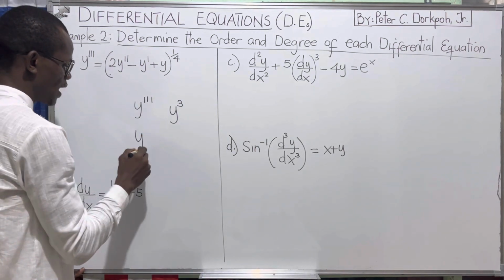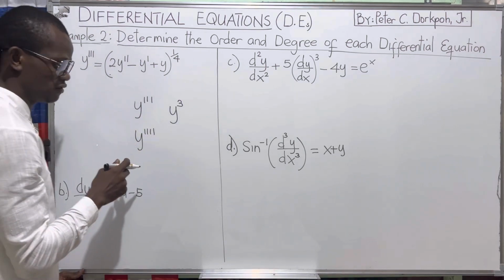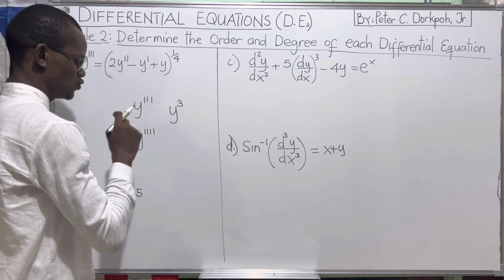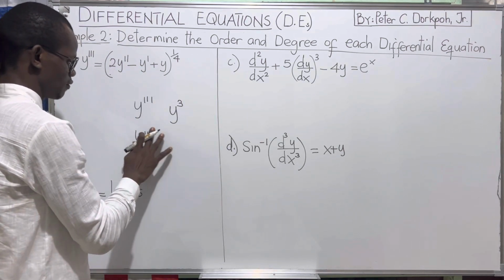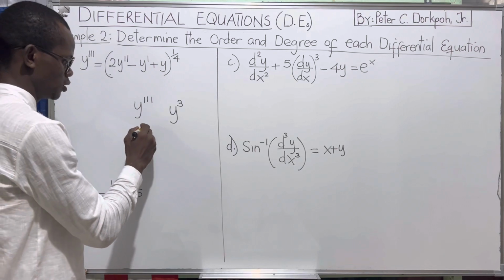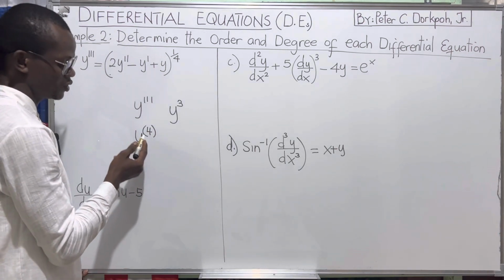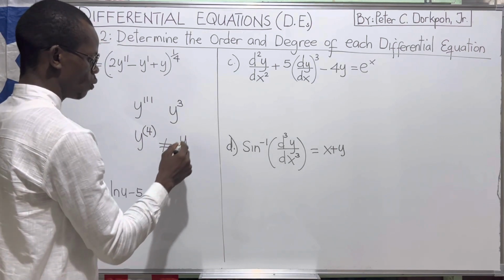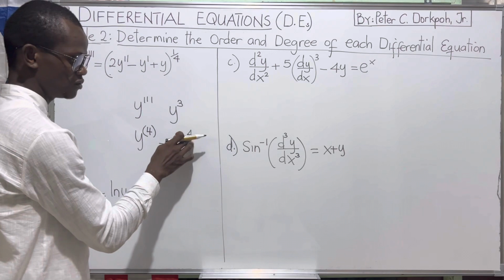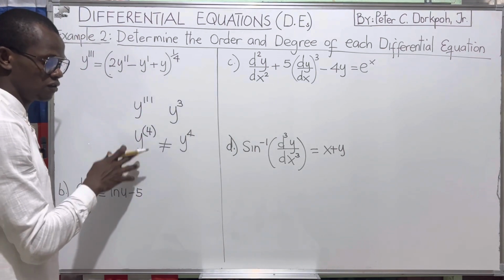Whenever you have y prime, prime, prime, prime, it indicates the fourth derivative. But traditionally, from the fourth derivative upward, we normally write it in parentheses. So this is the fourth derivative. This is not equal to y raised to the fourth power. This means y raised to the fourth power. This means the fourth derivative of y.